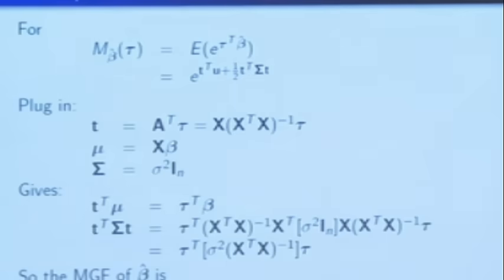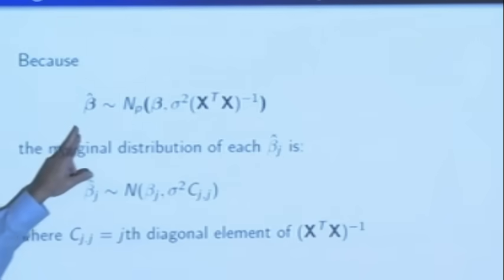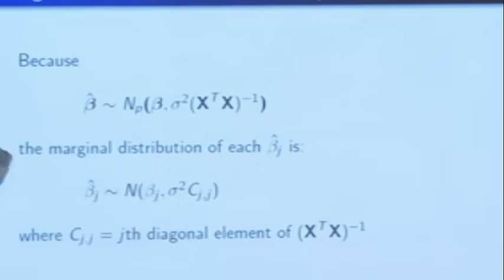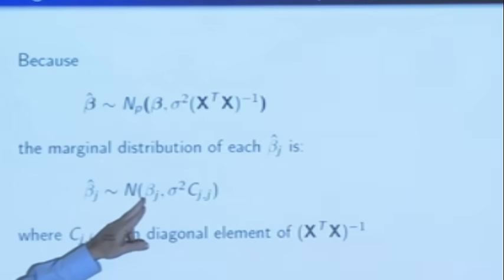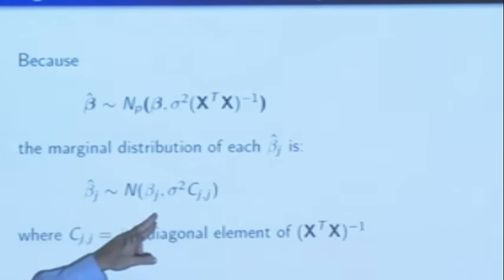And because we can recognize this as the MGF of a multivariate normal, the conclusion of that previous analysis is that the marginal distribution of each of the beta hats is a univariate normal distribution with mean beta j and variance equal to the diagonal.